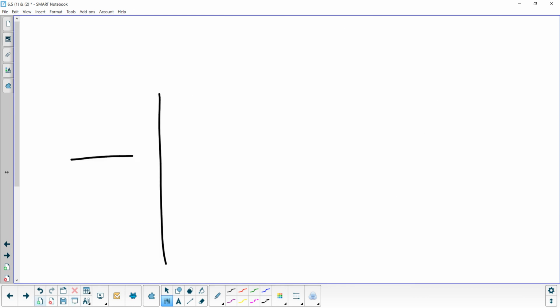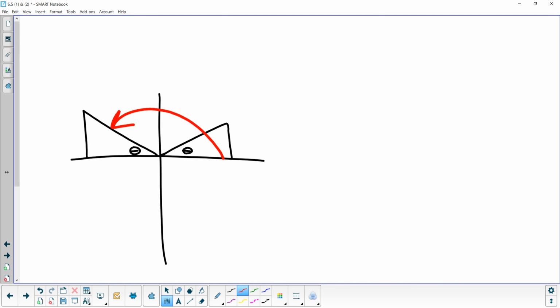So if you had quadrants, if you had an angle here, well, in quadrant 1, your angle is the reference angle. A reference angle is always between 0 and 90. And in quadrant 1, it's automatically between 0 and 90. In quadrant 2, that would be your reference angle. The goal would be to find this.